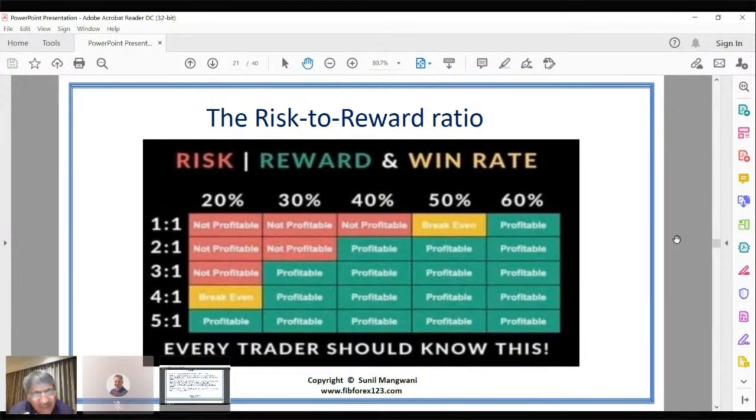And on the left side column, you have your risk to reward ratios. And as you can see, with a risk to reward ratio of 1 is to 1, you need 50% to break even. But if you have a risk to reward ratio of 1 is to 5, even with a win loss ratio of 20%, that means 2 winning trades out of 10, your account can still be profitable.